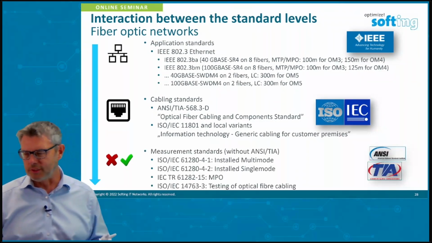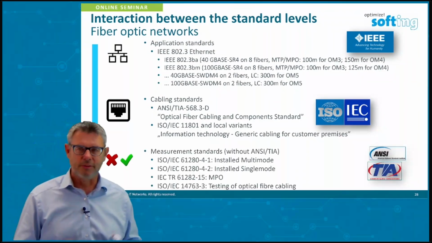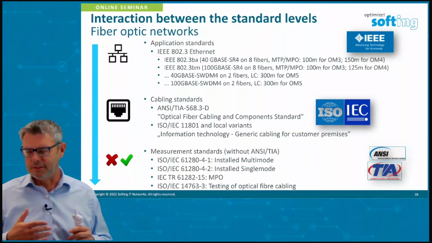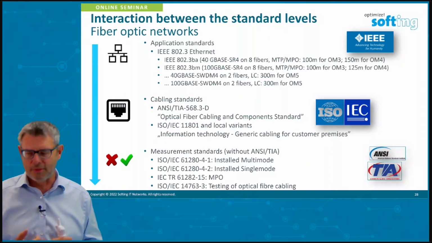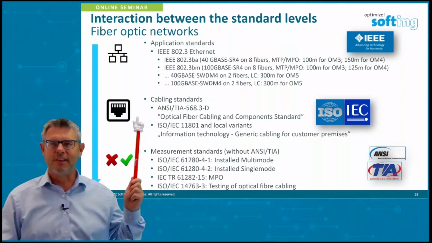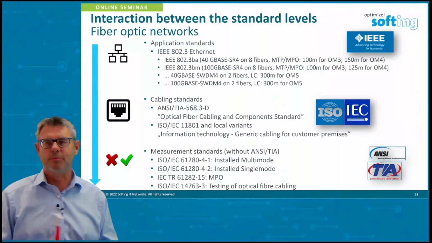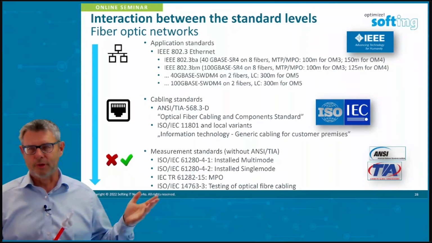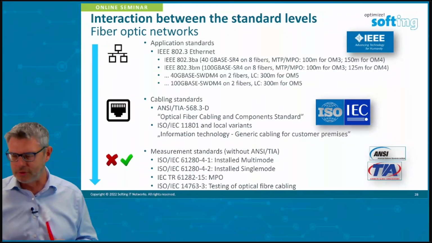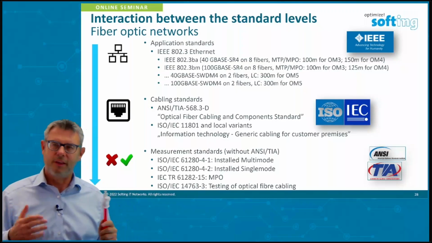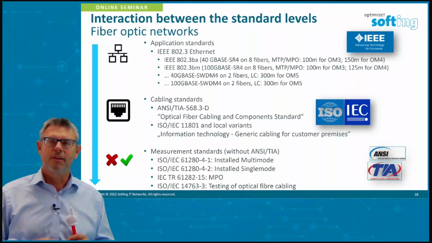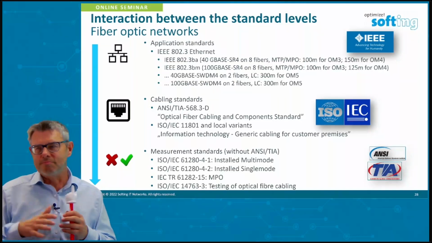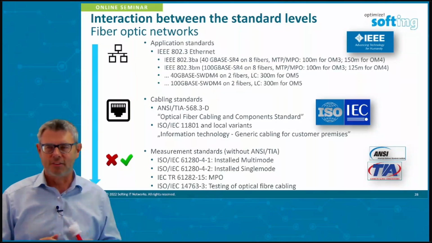So the last one in the row is the measurement standards we have, and these standards are defining how good an instrument has to be. They are defining the measurement methods, how to test these cablings defined here in these standards properly. Okay, and you see for fiber optic, we have a bunch of standards for installed cabling. Unfortunately, this bunch of standards is sometimes having some contradictions in it to other standards.